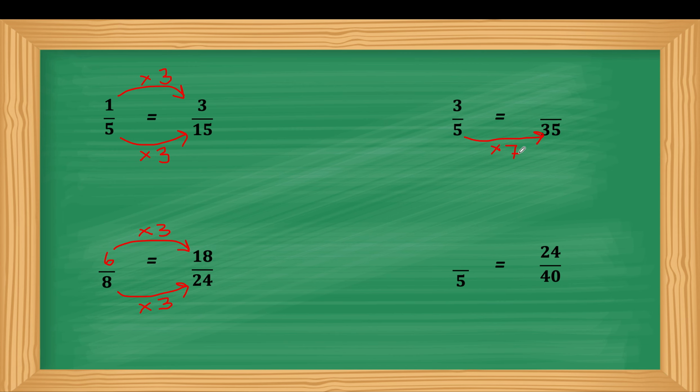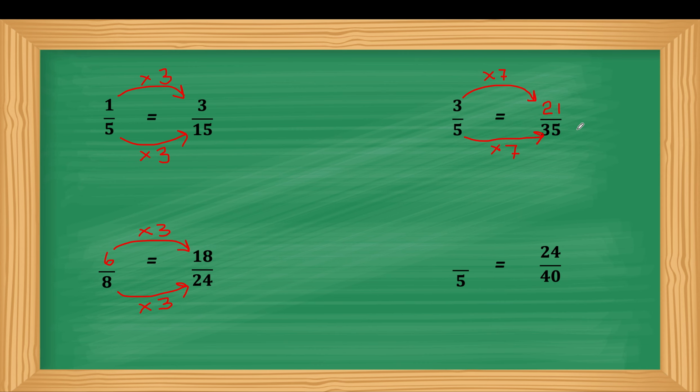So if I multiplied 5 by 7 to give me 35, therefore I also have to multiply 3 by 7 to give me my numerator that is missing, alright? And 3 times 7 gives me what? 21. Very good. So therefore, these fractions are equivalent.